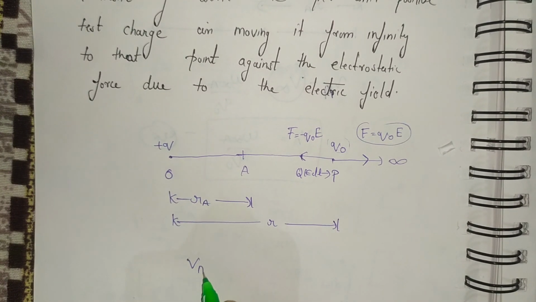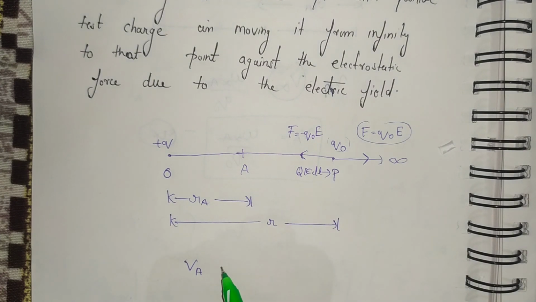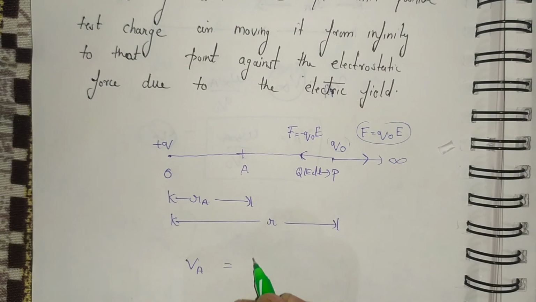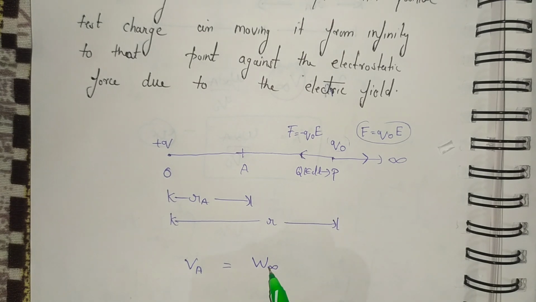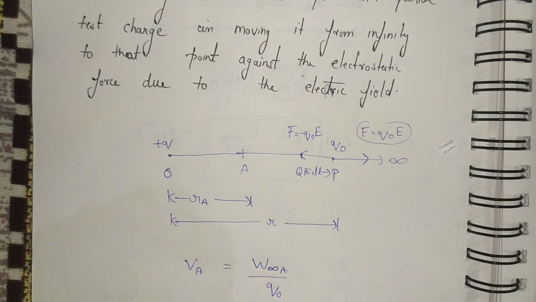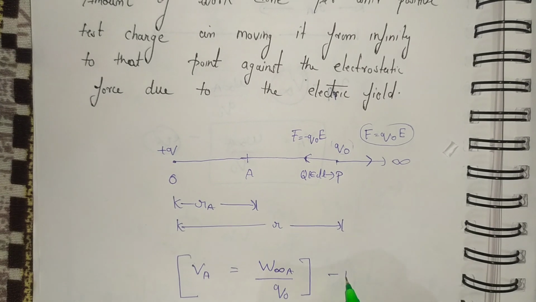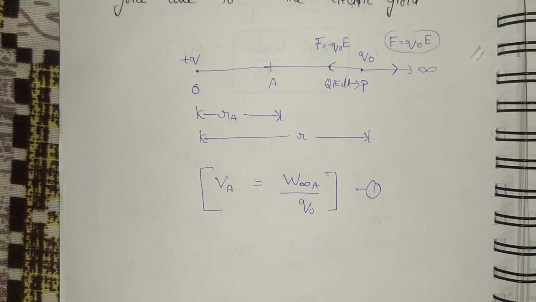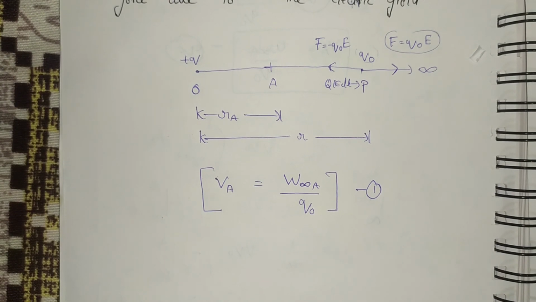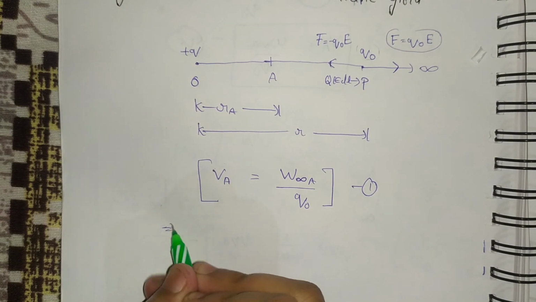Suppose we are bringing the charge from infinity, so the value at infinity is 0, so we have the work from infinity to point A, and this is for the q naught charge. This q naught charge we are bringing from infinity to the point. This is the first equation. Okay, you understand this? Now I will tell you what the work done is here.